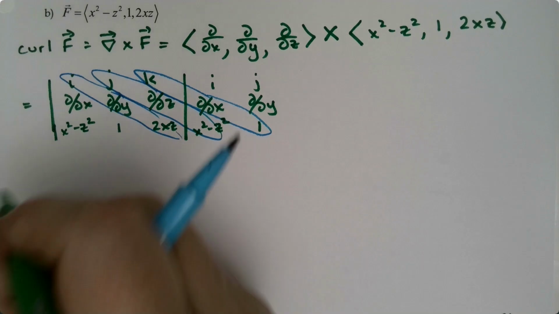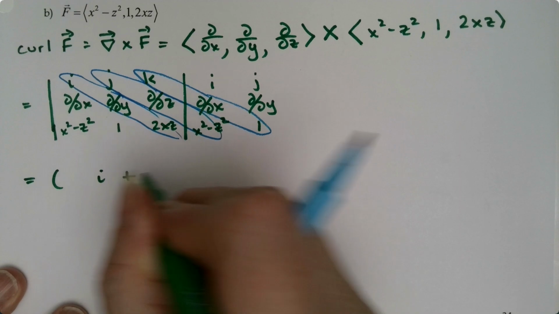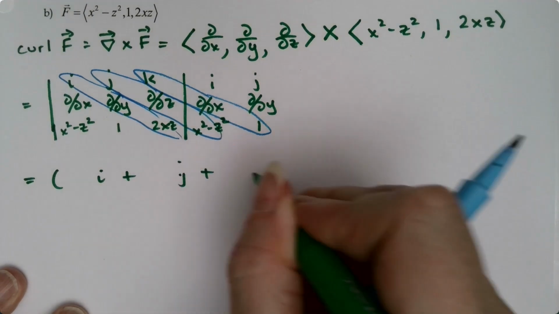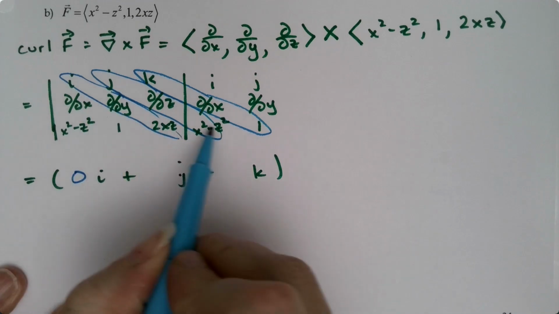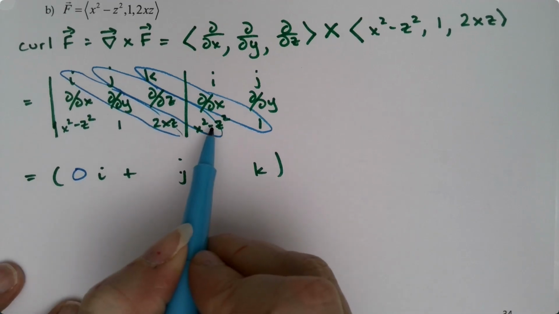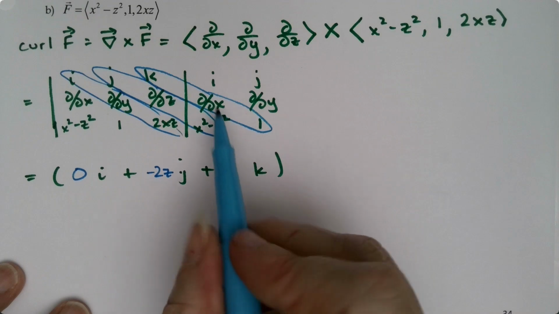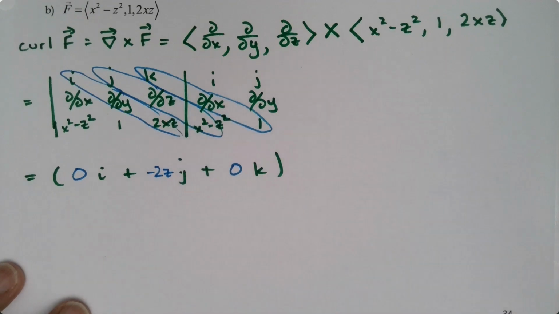So this is 0i plus, and then the derivative of this with respect to z is negative 2z. Hey, that turned out to be something. And then the derivative of 1 with respect to x would just be 0. All right, so there's the three forward direction ones.